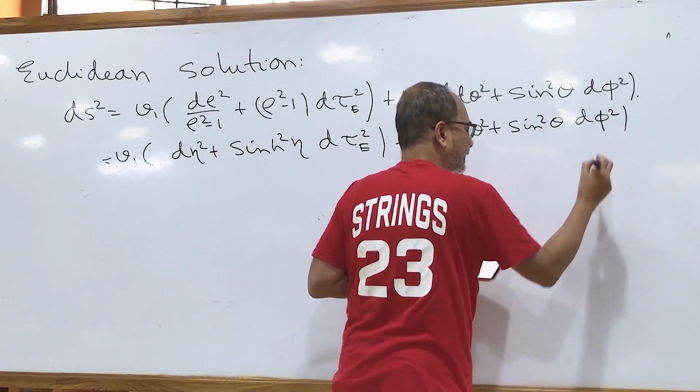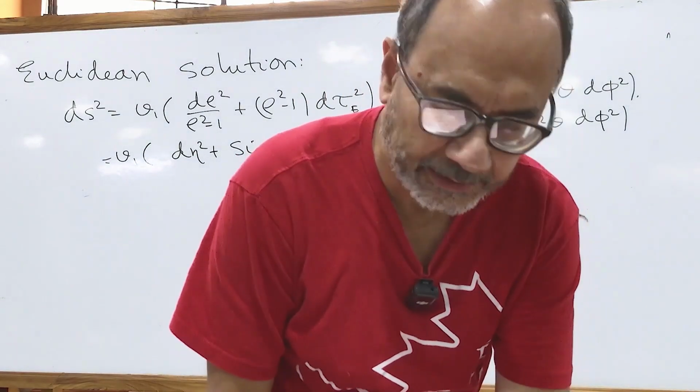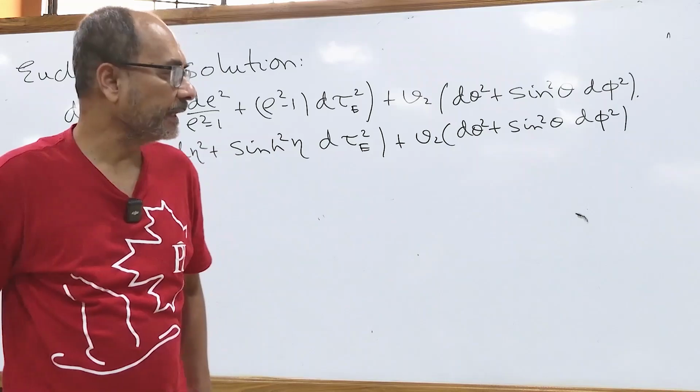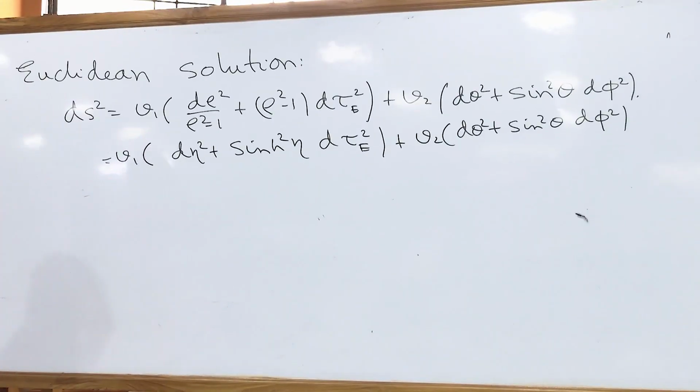Okay. So far, I have just written the classical AdS2 times S2 solution in Euclidean space, by taking tau to minus i tau_E. No quantum theory has been done so far.